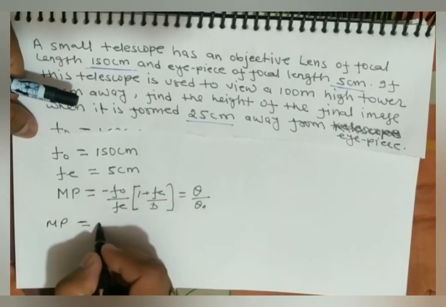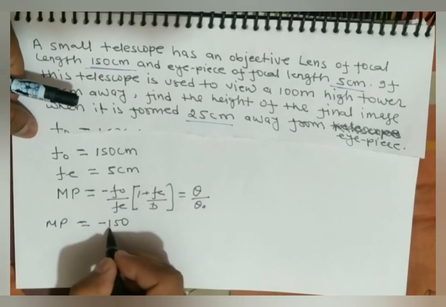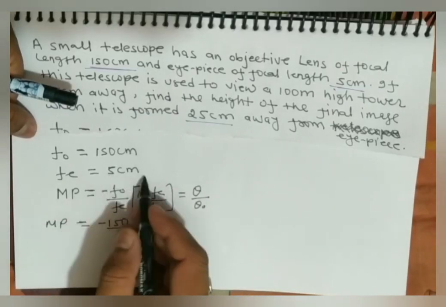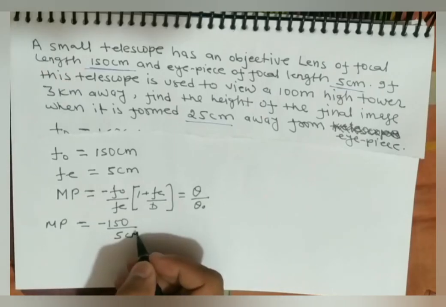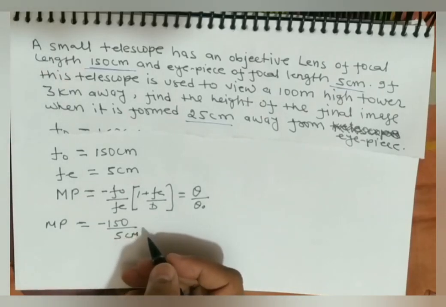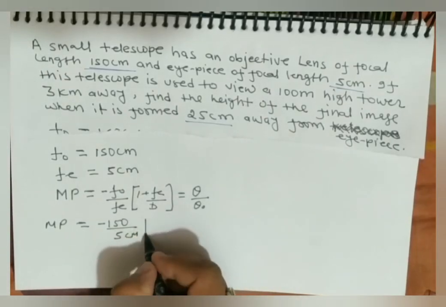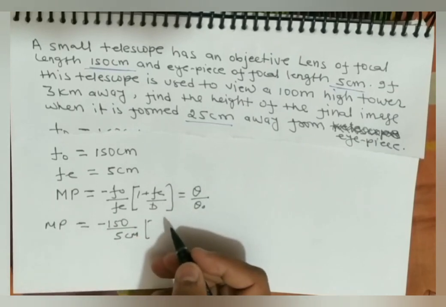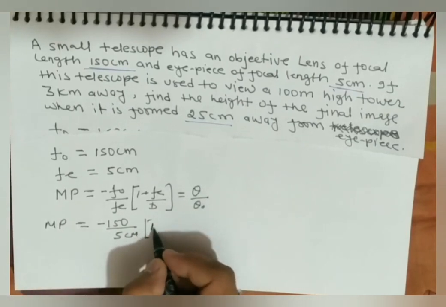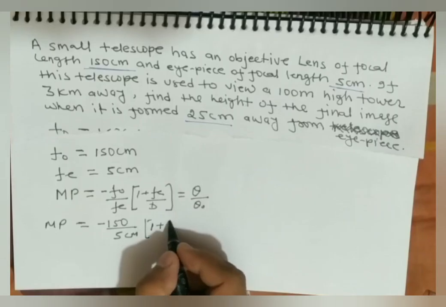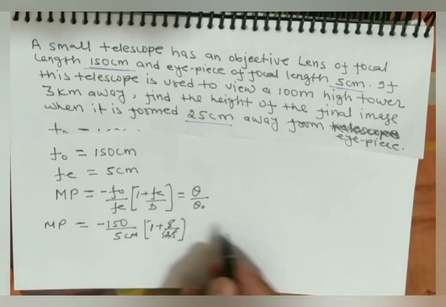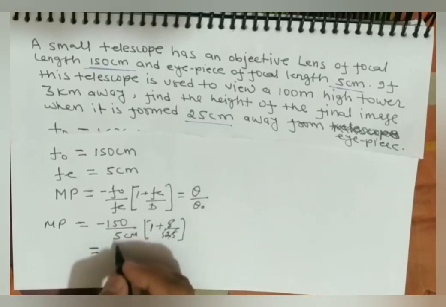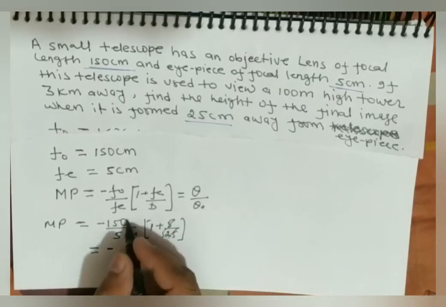It will be minus 150 upon 5, times 1 plus 5 upon 25, so it will be 6 by 5, and it will be minus 36.